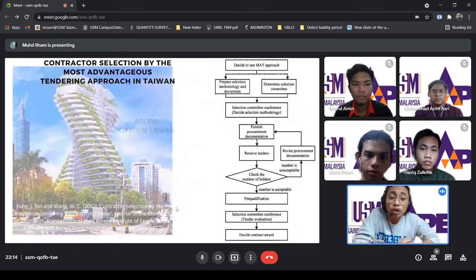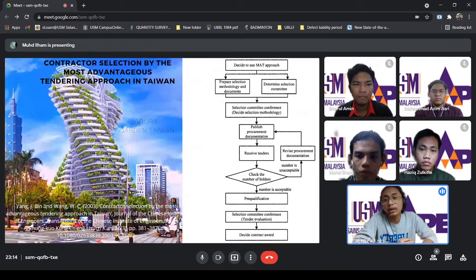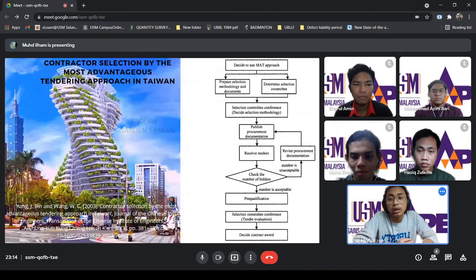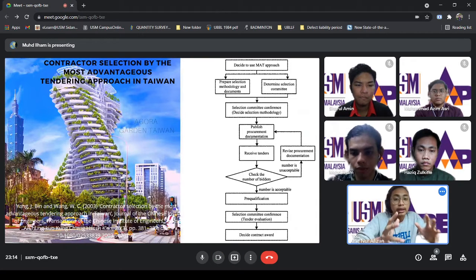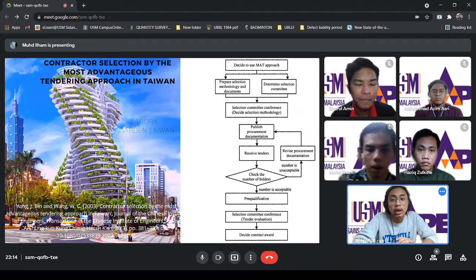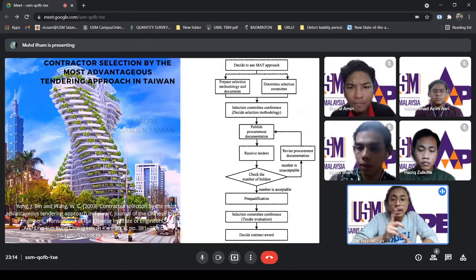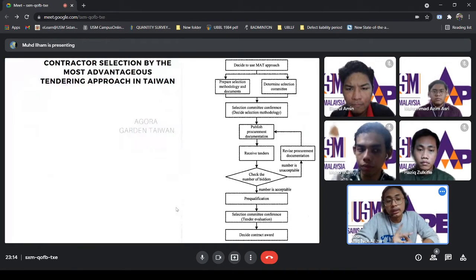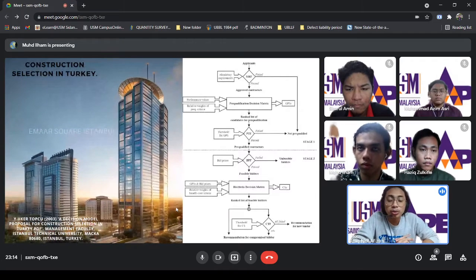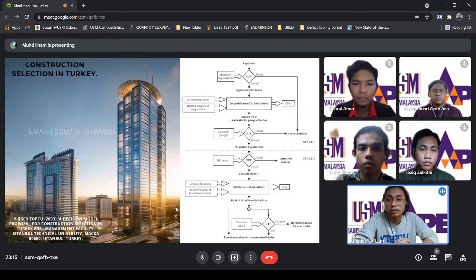In this slide, you will see how Taiwan use their flowchart to determine the best contractor. They use a MAT approach, or most advantage tendering approach, so that they can determine the best contractor using this approach. And next slide, you will see how Turkey use their contractor selection.